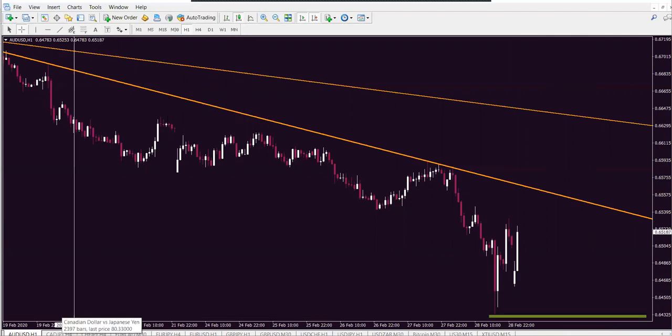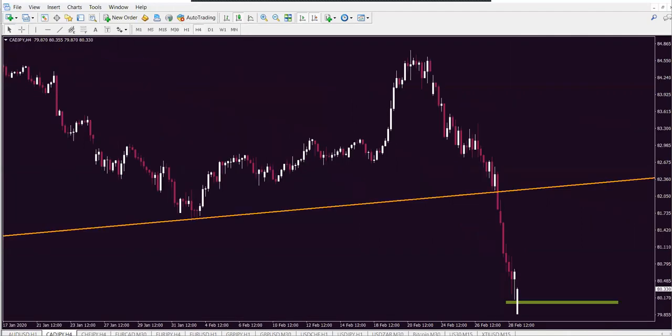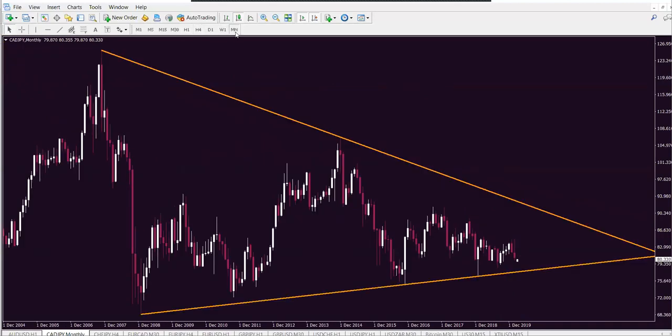Moving on to CAD JPY. We go up to the monthly. So we're watching this triangle, right? Price has been converging. I can tell if price breaks above this side, we'll get a very strong move up to this side, but that won't happen for now.